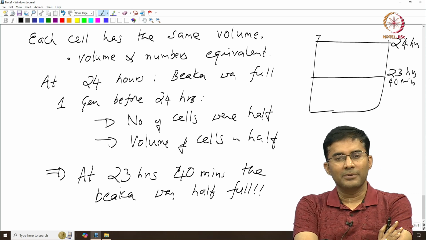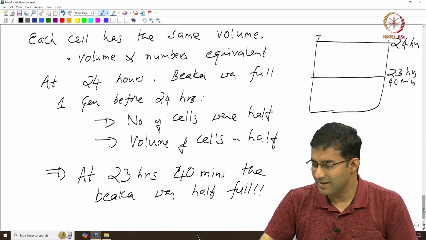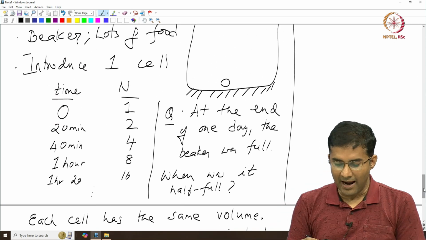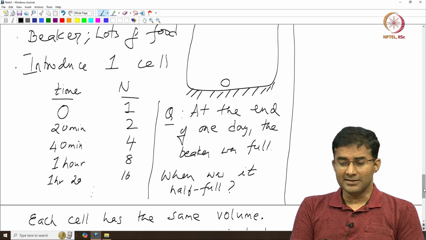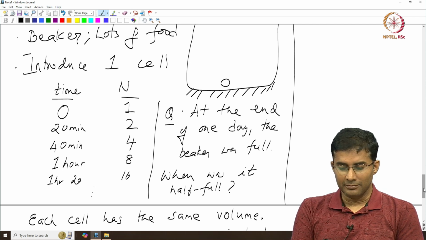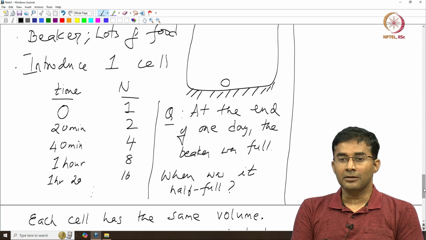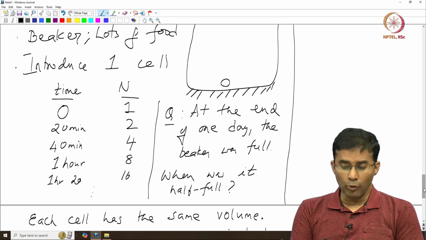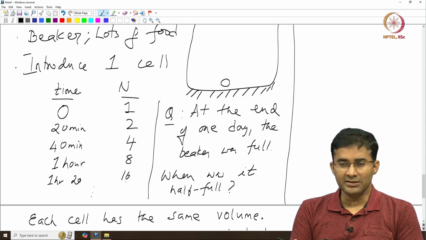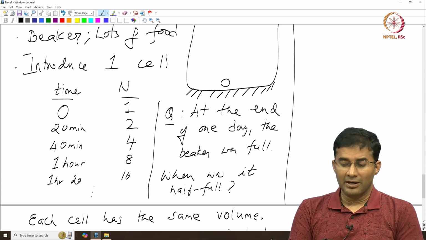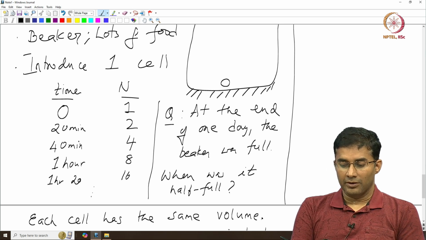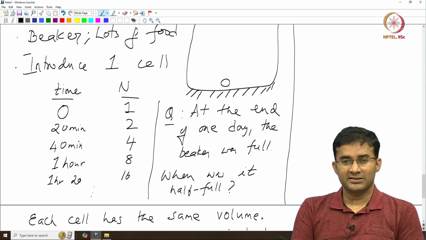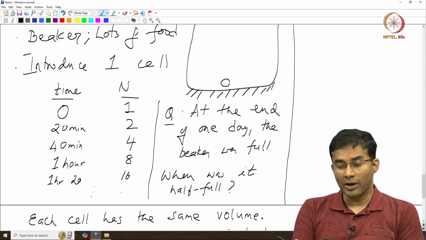This is really incredible, because if I go back to the table I made in the beginning, I had only 8 cells at the end of 1 hour, and at the end of 2 hours, which would be 3 more generations, 8 became 16, 16 becomes 32, and 64 cells.